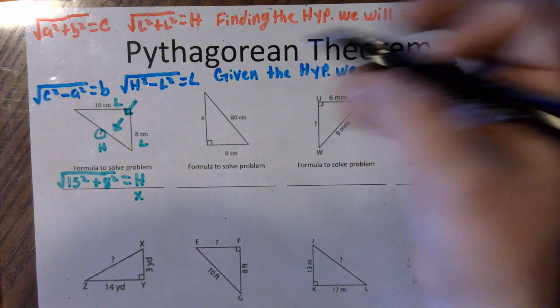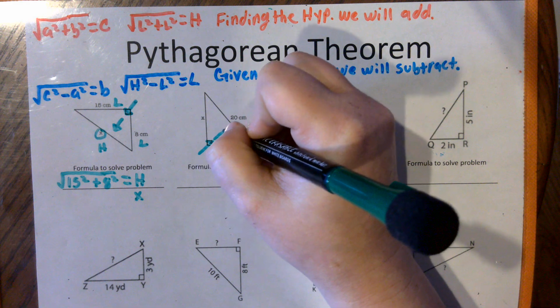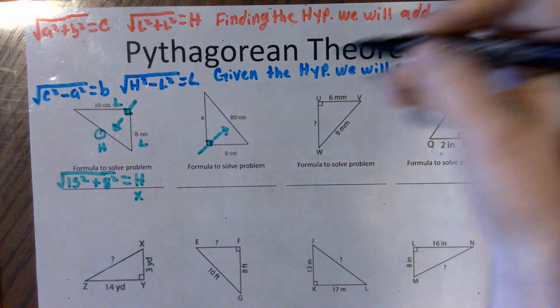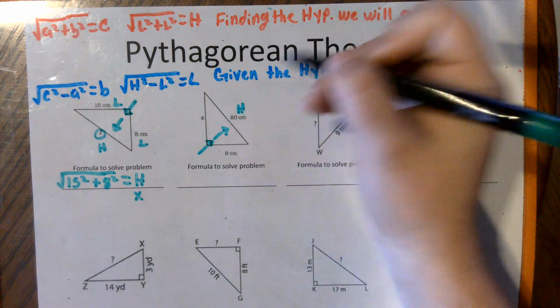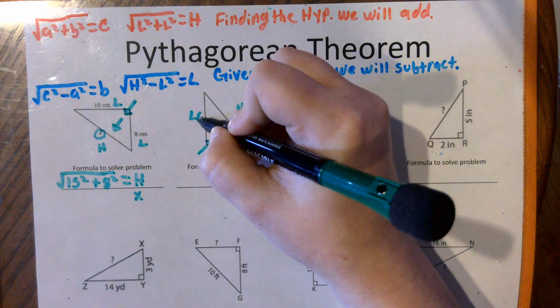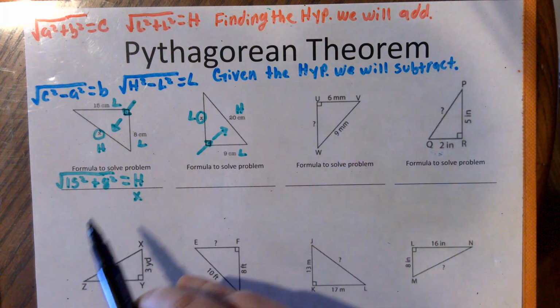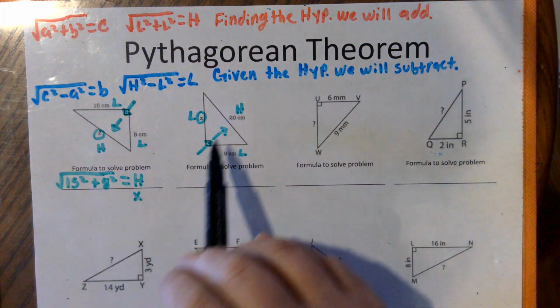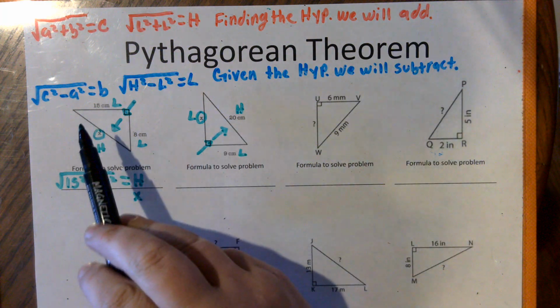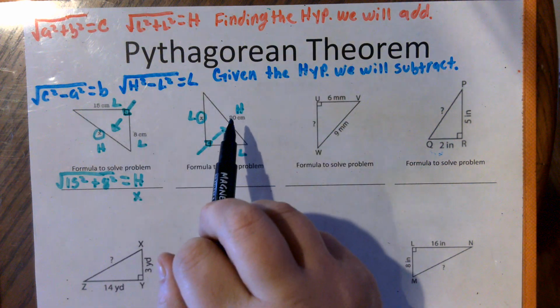Let's look at the next one. Next one, I'm going to take a look to see if we're given the hypotenuse or if we're finding the hypotenuse. It looks like we are given the hypotenuse, which means we are searching for a leg. If we're given the hypotenuse, we are finding a leg, and we're going to be subtracting. It is super important that you put the hypotenuse first, okay?